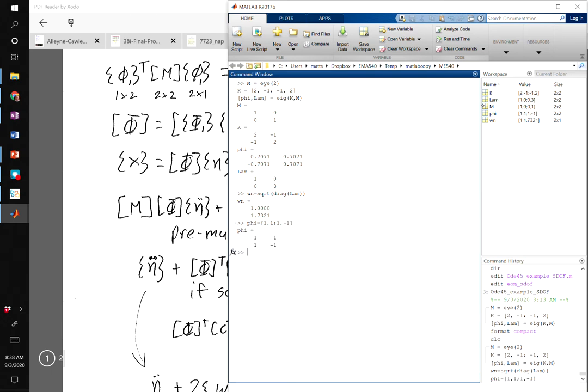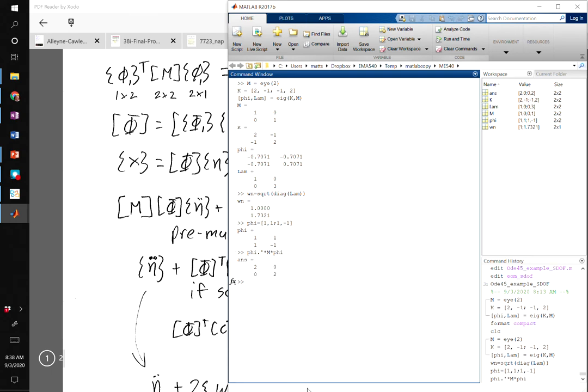Okay, so let's say that was the matrix that we got. Phi transpose M phi would give us a diagonal matrix where we have 2 on each of the diagonals, right? And so if we want to correct that, we would say that the first column of capital Phi will be the first column of little phi divided by the square root of 2.